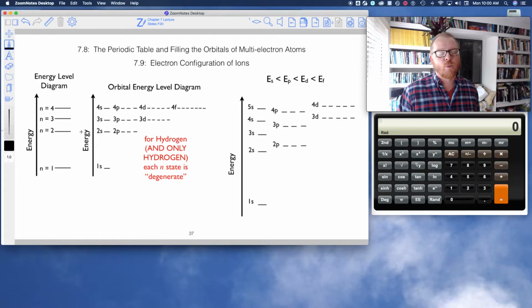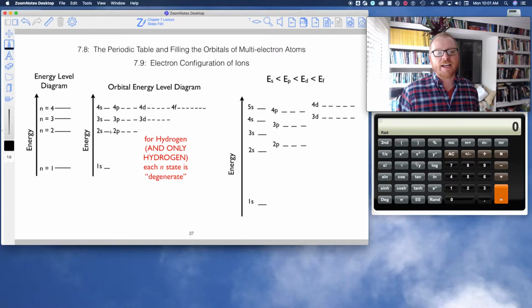So we started with our basic energy level diagram, 1, 2, 3, and 4. Okay? And for hydrogen and hydrogen only, when we put the orbital designations on, this is what happens. Look, n equals 1 becomes 1s. But look, n equals 2 has 2s and 2p.